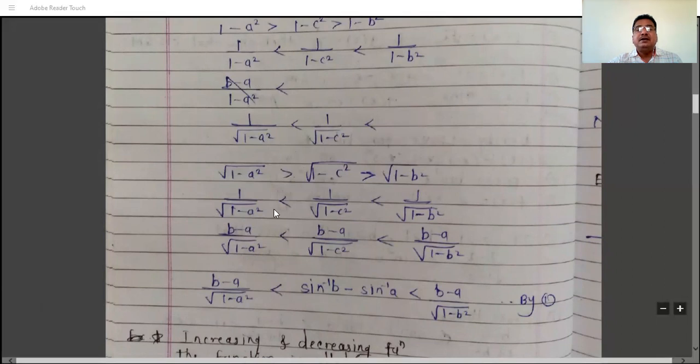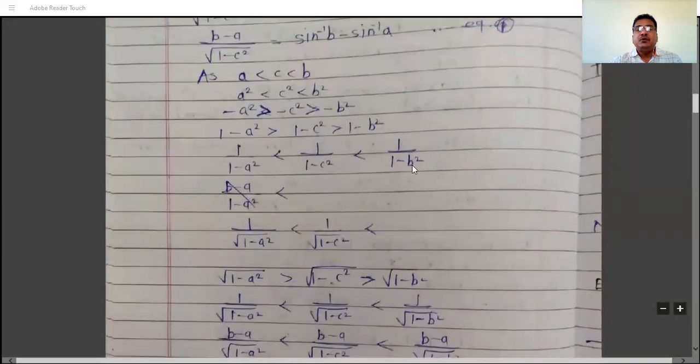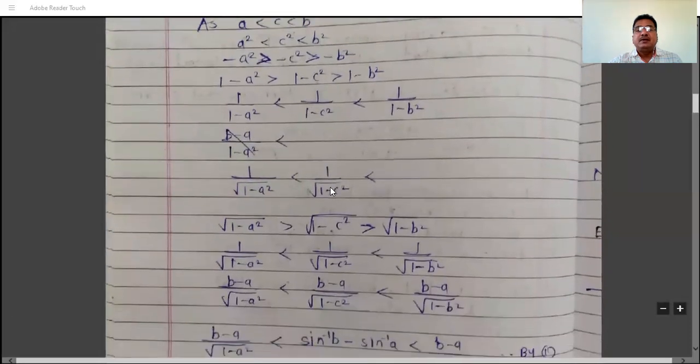After taking root, we have 1 by root 1 minus a square is less than 1 by root 1 minus b square is less than 1 by root 1 minus c square. So after 1 minus a square greater than 1 minus c square greater than 1 minus b square, don't write those steps. Write this step, that is, take root.